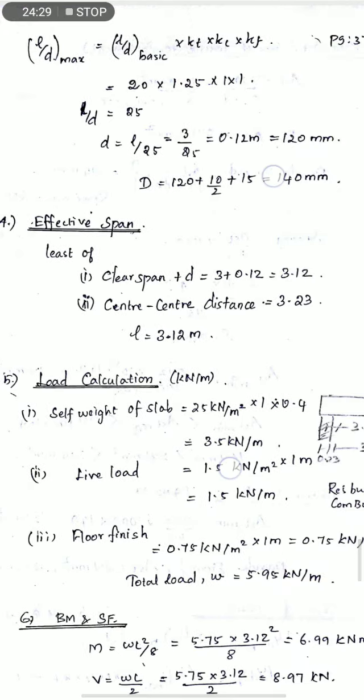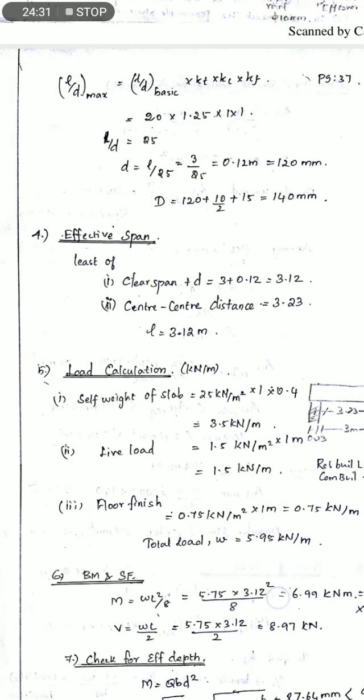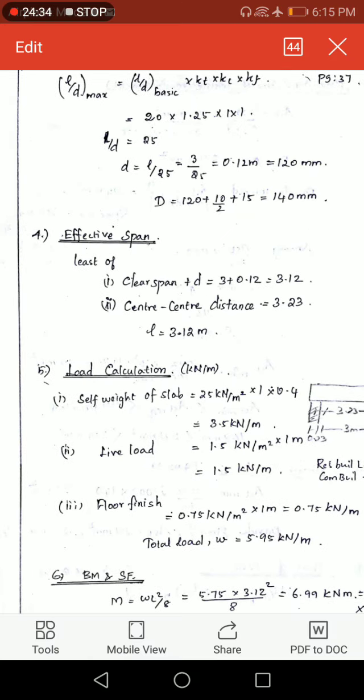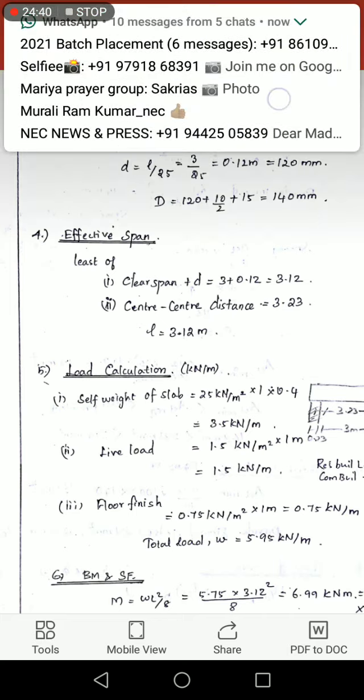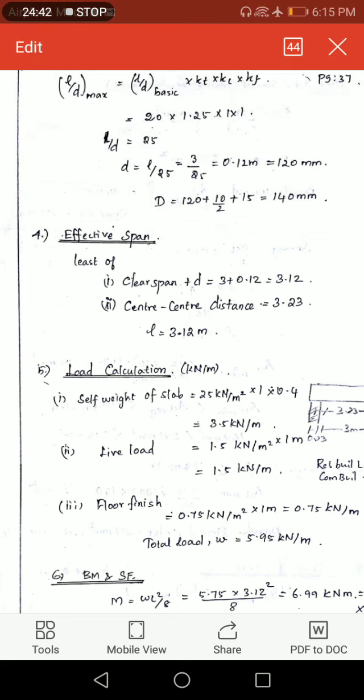Then effective span. Effective span means, as per codal provision, the least of clear span plus effective depth, and center to center distance of support. Clear span given, shorter span 3 meter, and effective depth we have already found, that is 0.12 meter. Therefore 3.12 meter. Then center to center distance is 3.23 meter.